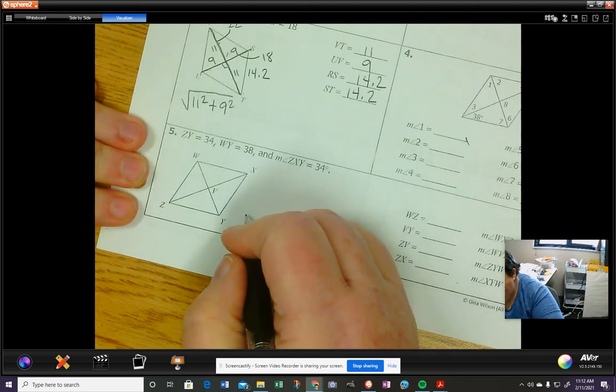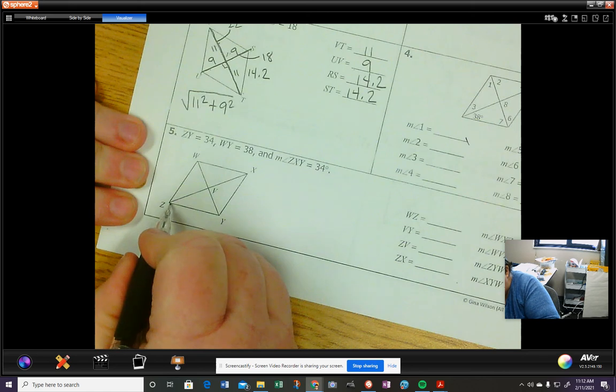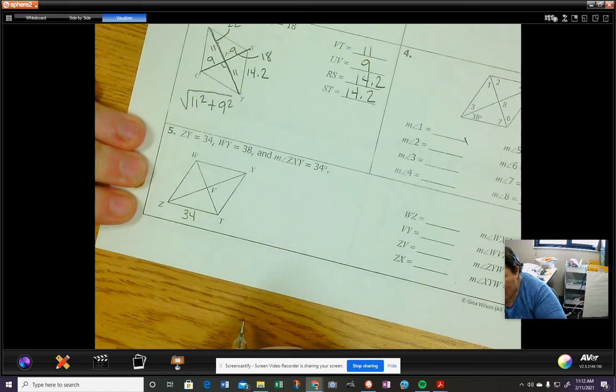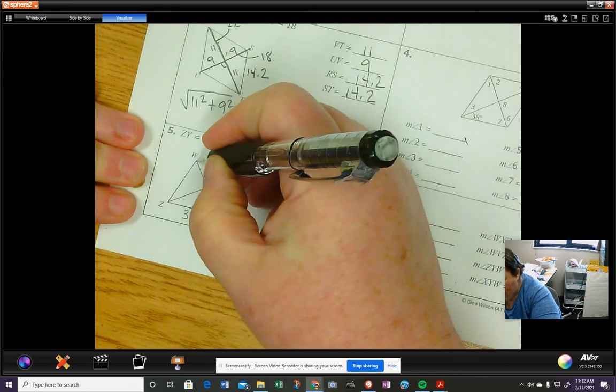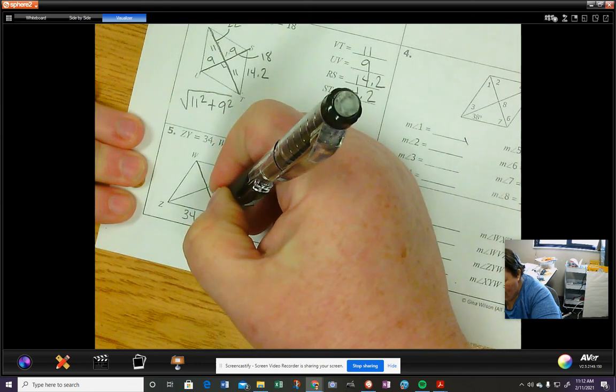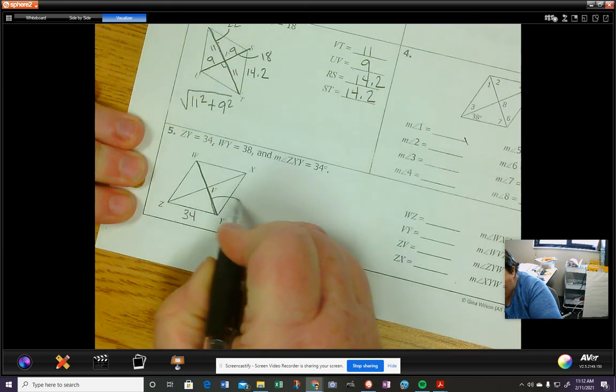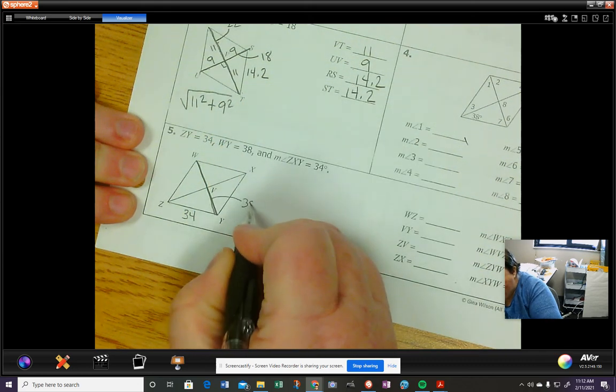ZY, this line right here, is 34. WY, the short diagonal, WY is 38.